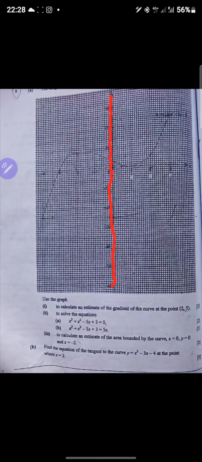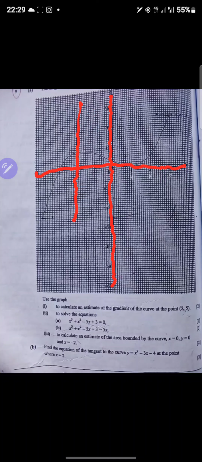Then y is equal to 0. Y is equal to 0 is the x axis. You draw, and x is equal to negative 2. So x is equal to negative 2 is here.